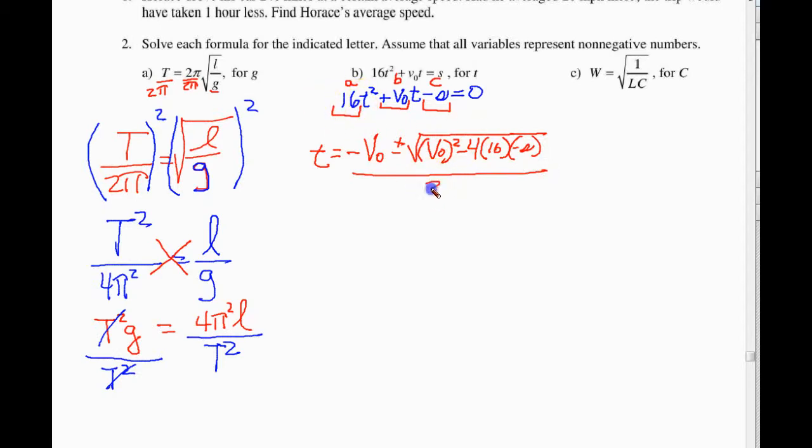Well, we can just put that there as 32. 2 times 16 is 32.